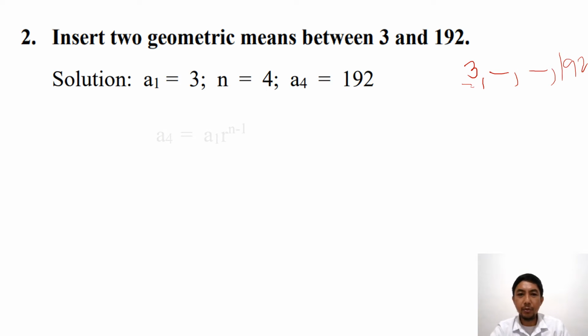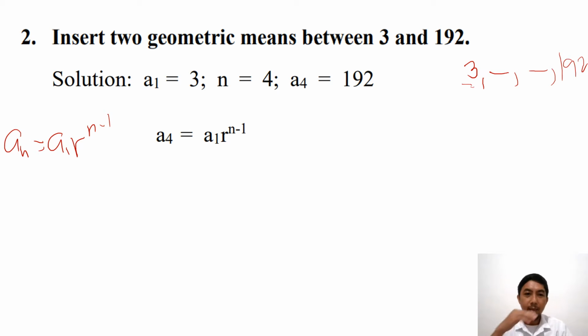Now we are going to use this formula: a sub 4 equals a sub 1 times r raised to n minus 1. If you remember the formula for the geometric sequence, we have a sub n equals a sub 1 times r raised to n minus 1. Since we have four terms, we represent it as a sub 4 equals a sub 1 r raised to n minus 1. Then we substitute the values.